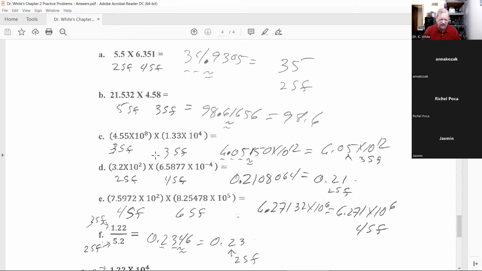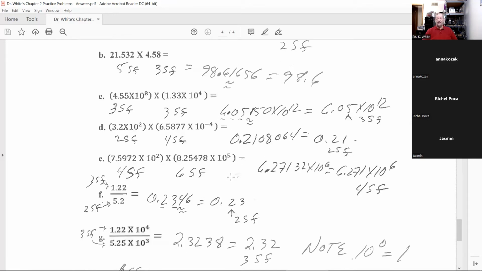In this case, both are 3 significant figures, and your answer should have 3. So you round this off, keep the 6, keep the 0, keep the 5, use the 1 to round off as 4 or less, drop that and everything else, and this is the number.